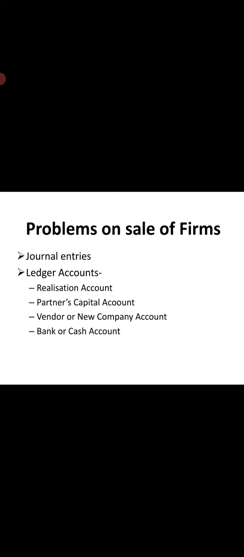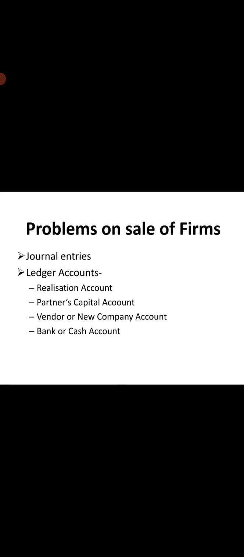The second account we have to prepare is the purchasing company's account. On the debit side, to realization account 95,800, and on the credit side, for the settlement of purchase consideration, by cash or bank account 50%, 47,900, by shares account 47,900. Total is 95,800. The third account is the shares in purchasing company account. In this problem, the shares are not distributed among the partners, but are sold by the partners for 5% less, that is a 5% discount.